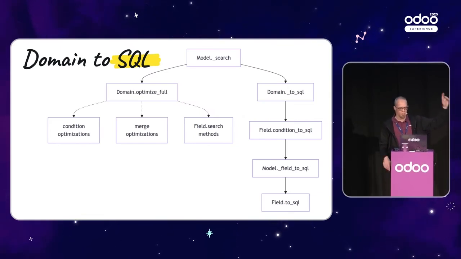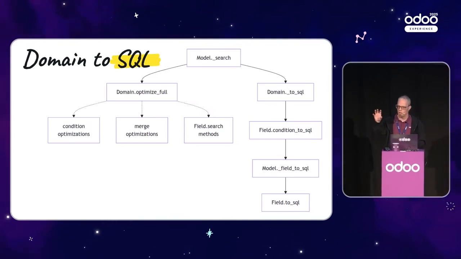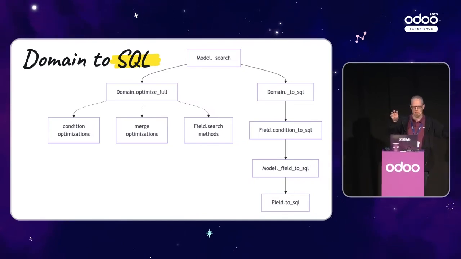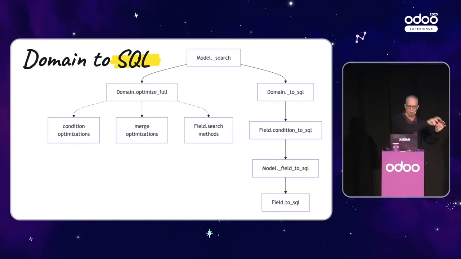And as you can see, the toSQL function essentially delegates each condition to the corresponding field, and then the field itself delegates to the model and then to itself for serializing the field part, the field expression to SQL.